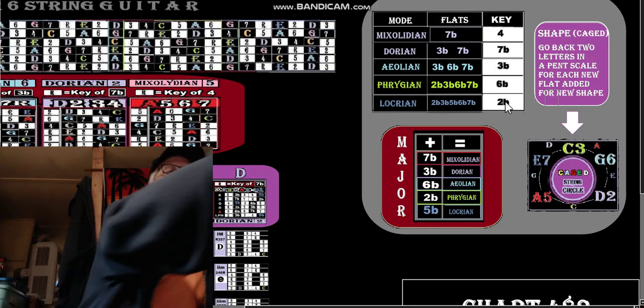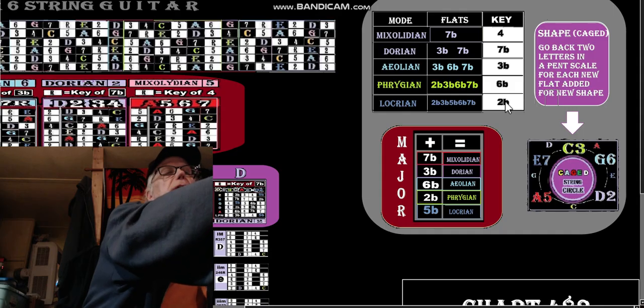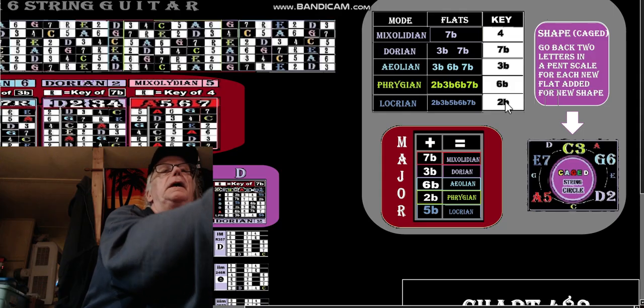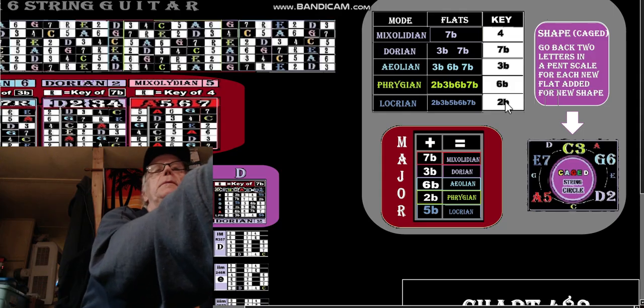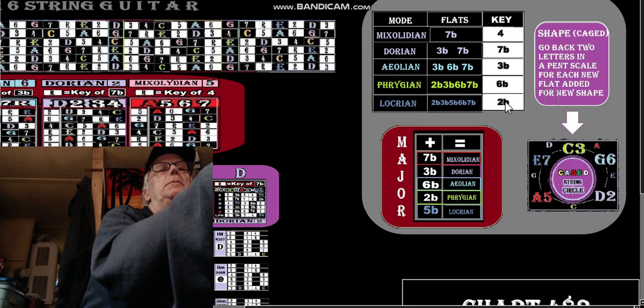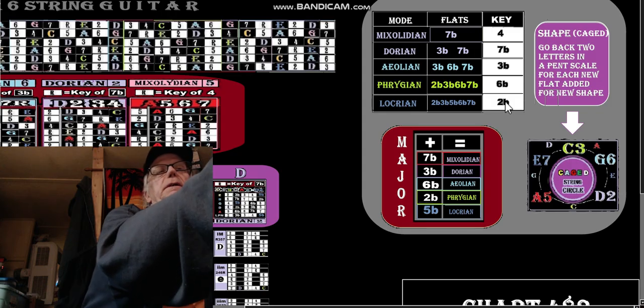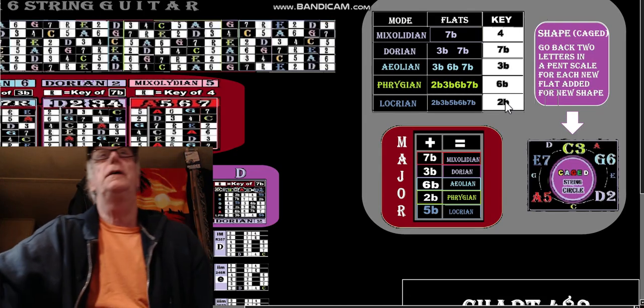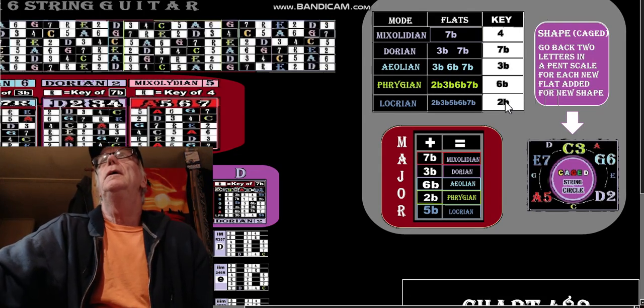It has a dominant 7th, like Dorian, Phrygian, and Aeolian, and Mixolydian, but not Lydian or Ionian. Now, this is it for the key of C.